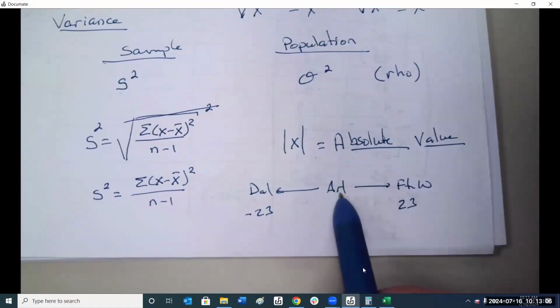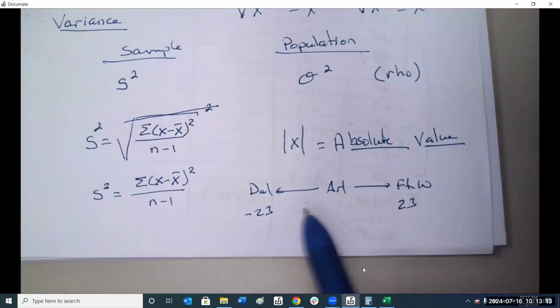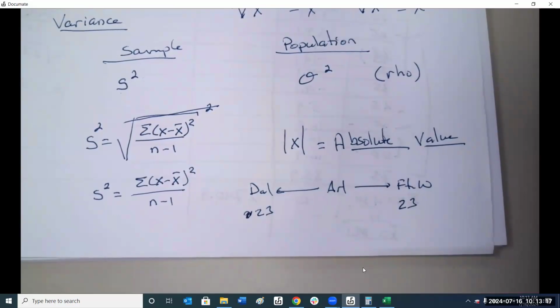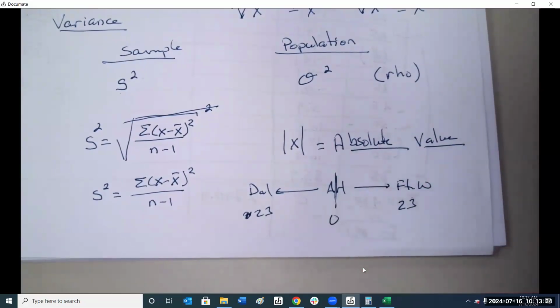Or how far is Dallas from Arlington? Do we ever say, oh, Dallas is negative 23 miles over there? No, distances do not have signs. It's just how far is it from your zero to the end point.